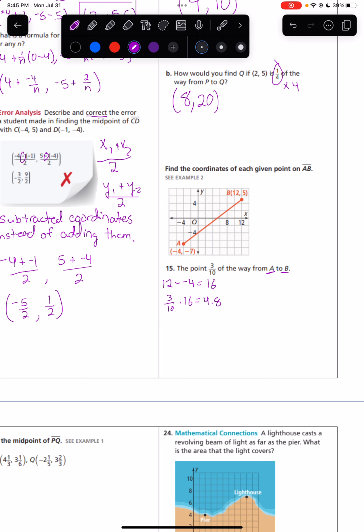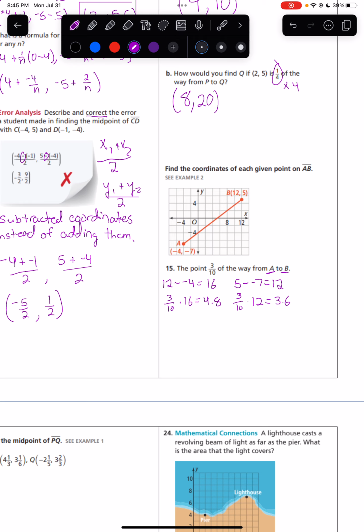We'll take the y-coordinate of B, 5, minus the y-coordinate of A, negative 7. 5 minus negative 7, of course, is 12. So then we do 3/10 of 12, and 3/10 times 12 gives us 3.6.